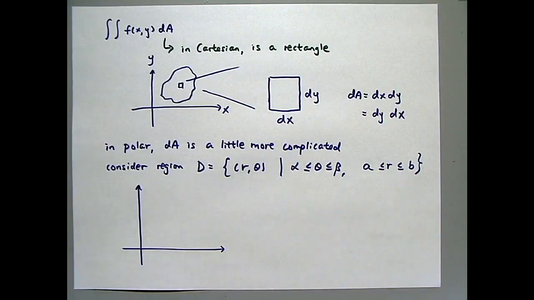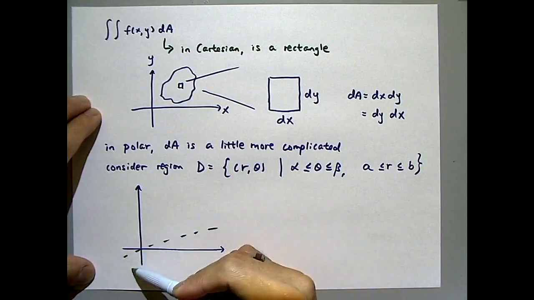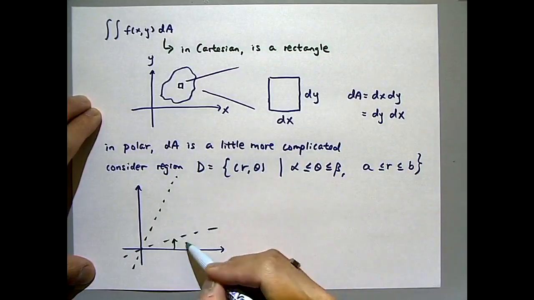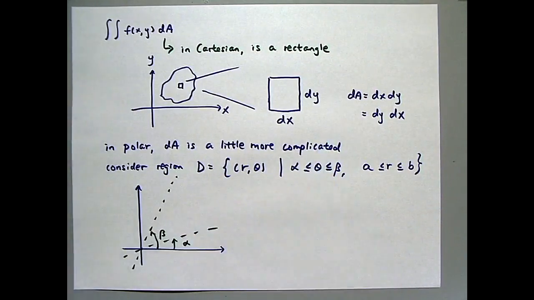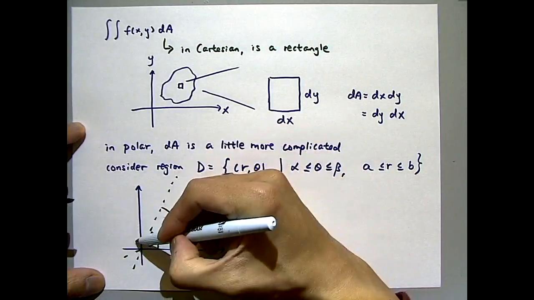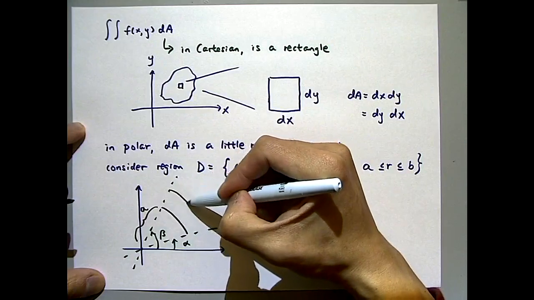Let's, for simplicity, assume that this region is in the first quadrant. So let's say this is alpha, this is beta, and A and B are just constants, so this is A, and we'll make B just slightly bigger.